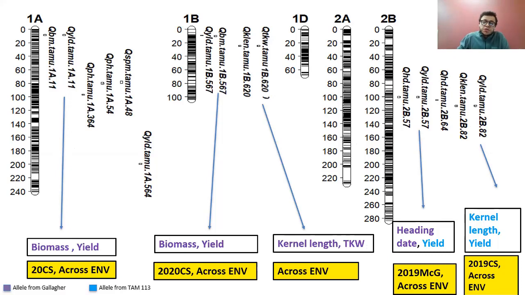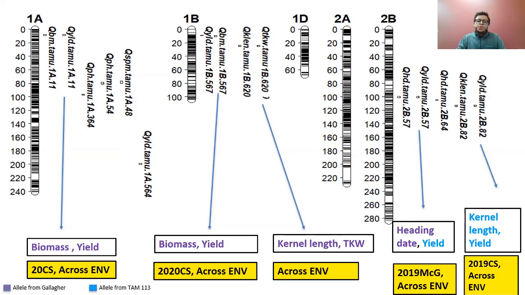Before I start to talk about the figure, I should explain the colors. In the box, we can see the trait names. Those are different colors. If the trait name is purple, it means the Gallagher allele increased the trait. If it is light blue, the allele comes from TAM113.